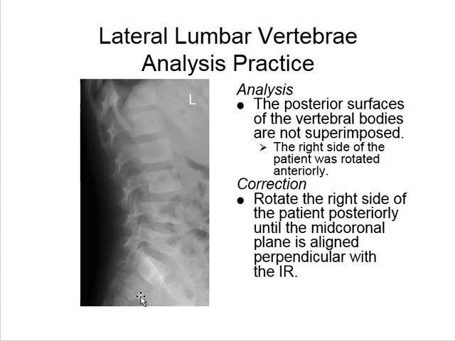This is a young patient, you can tell because the sacrum doesn't look like it's completely fused. This patient exhibits rotation if you look at the ribs, but do they have scoliosis? That would be my first question, and you would need to look at the AP to determine that.